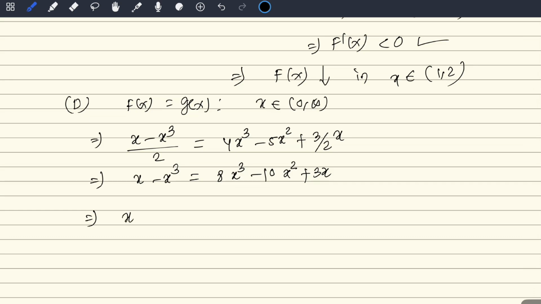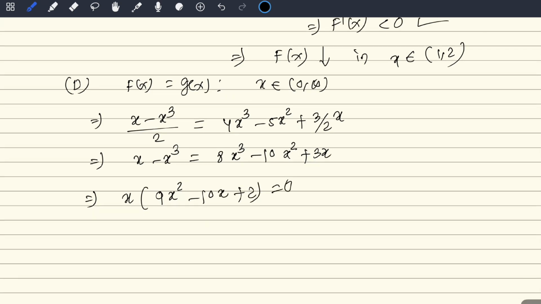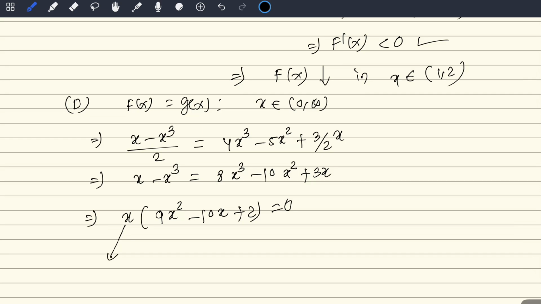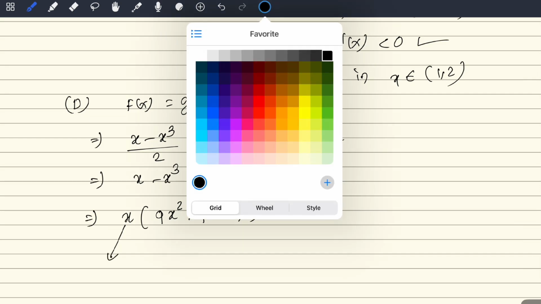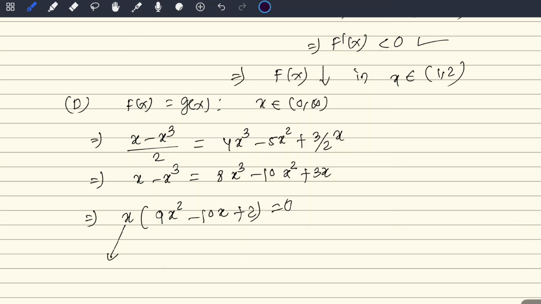If I take x common, what I get is x into (9x square minus 10x plus 2) is equal to 0. This means one root is x equal to 0. So we are getting one root x equal to 0.